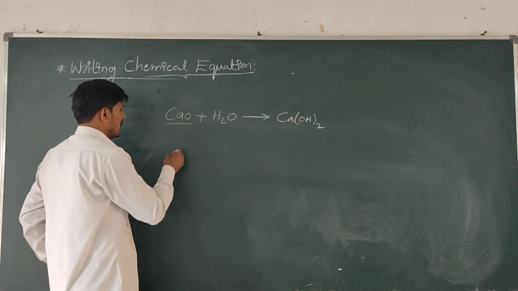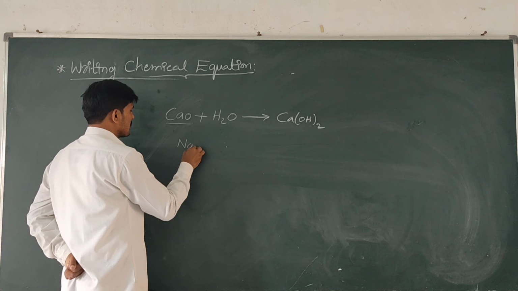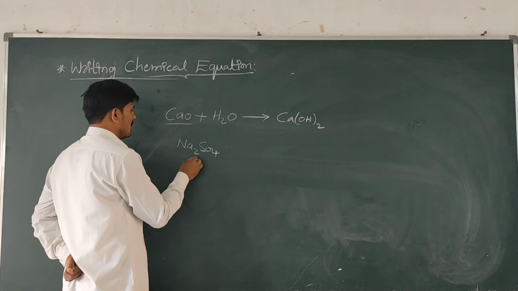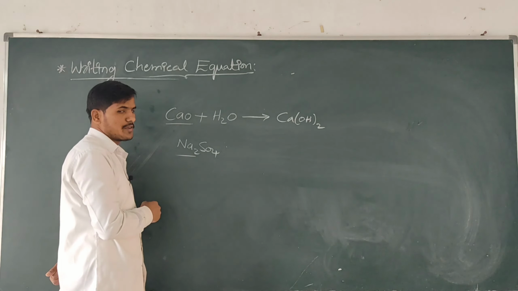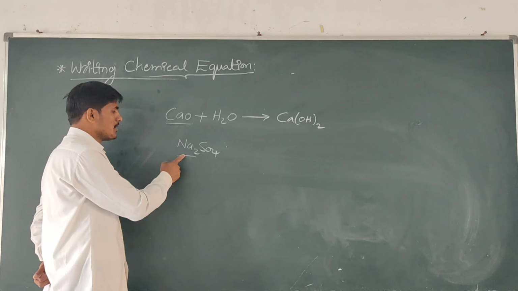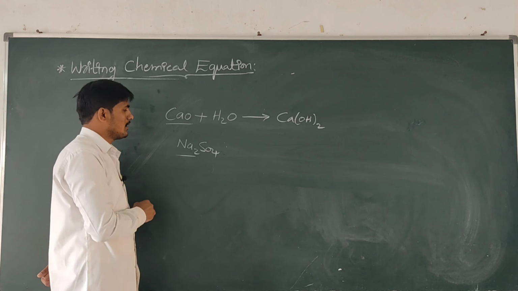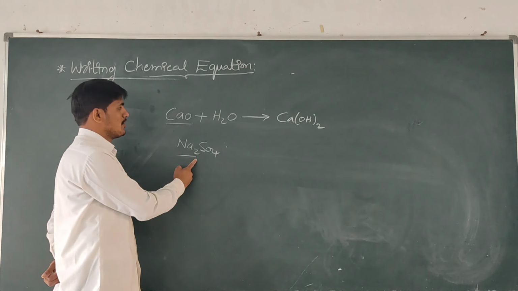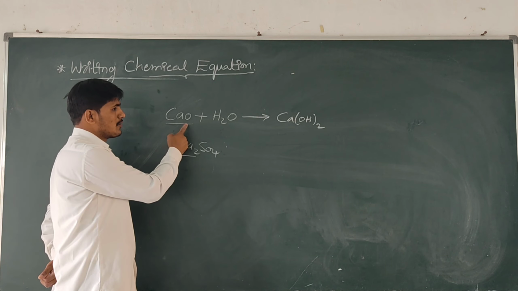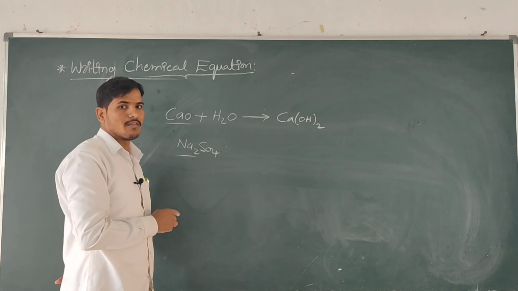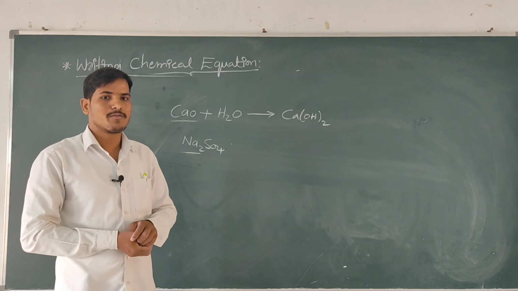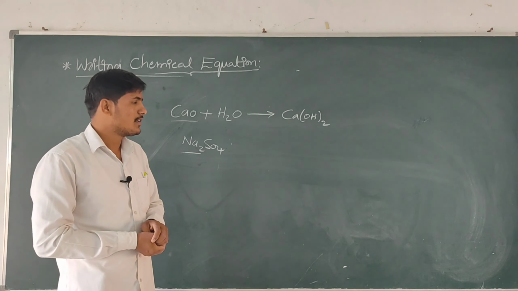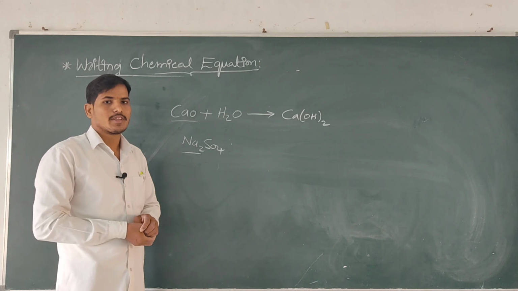For example, take Na2SO4. Here, sodium is present as 2 formula units. When there is no subscript value, we must understand that one is present. For example, take a movie title, Bahubali.